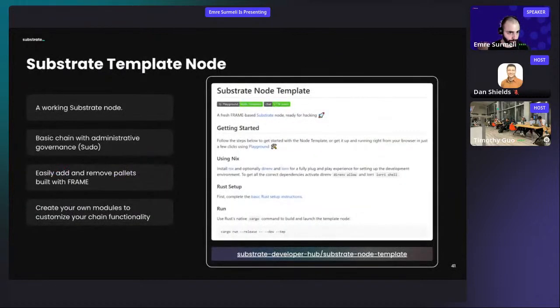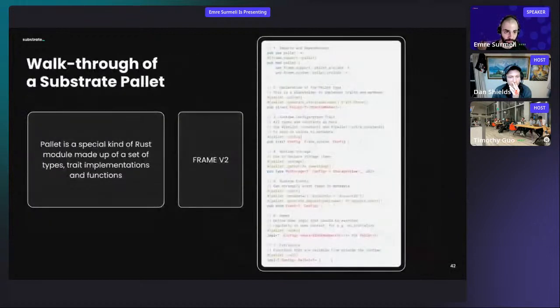So what we're going to do today is take a look at a template called the Substrate template node. This is an out-of-the-box Substrate node that you'll be able to see running on your local machine. It starts as a proof of authority network with pseudo power on a single account, so you have full control over the network, and you can customize your functionality from there.